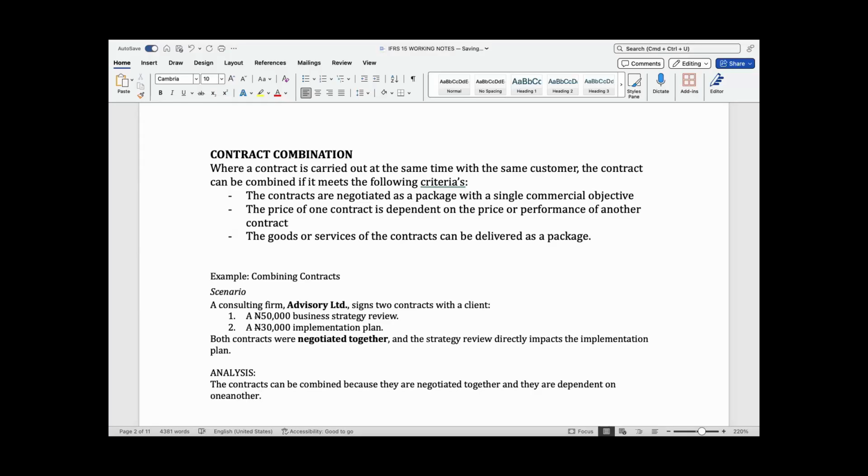So you can combine them for that reason because it meets some of these criteria.